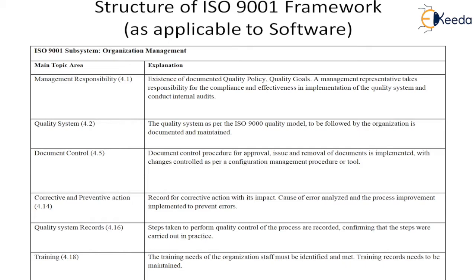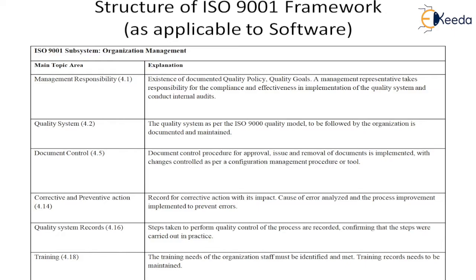We will limit ourselves to 3 subsystems. Within the subsystems, it has topic areas, and within the topic areas, it has many clauses which explain things. For each of these, you need to have some actionable items.